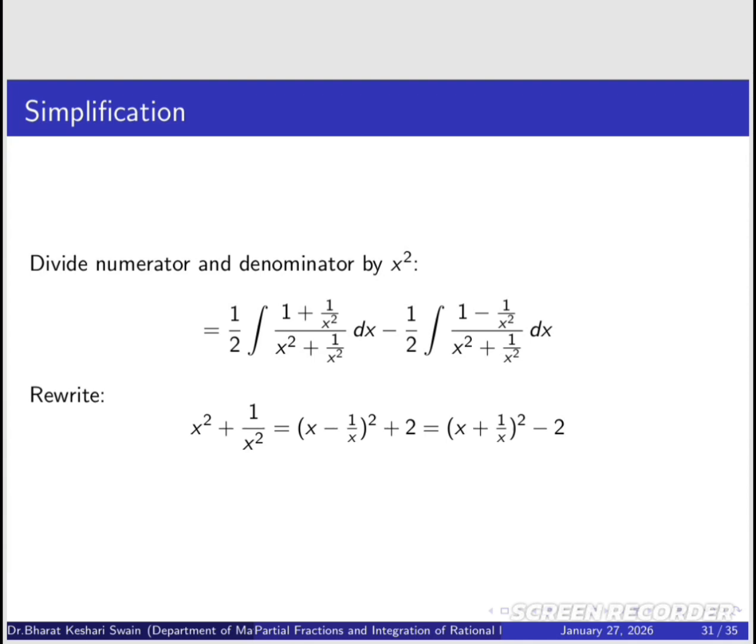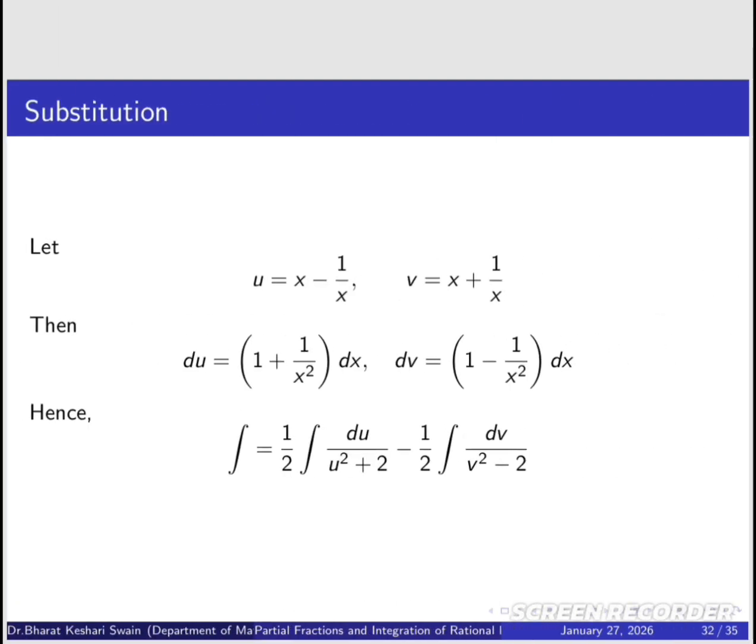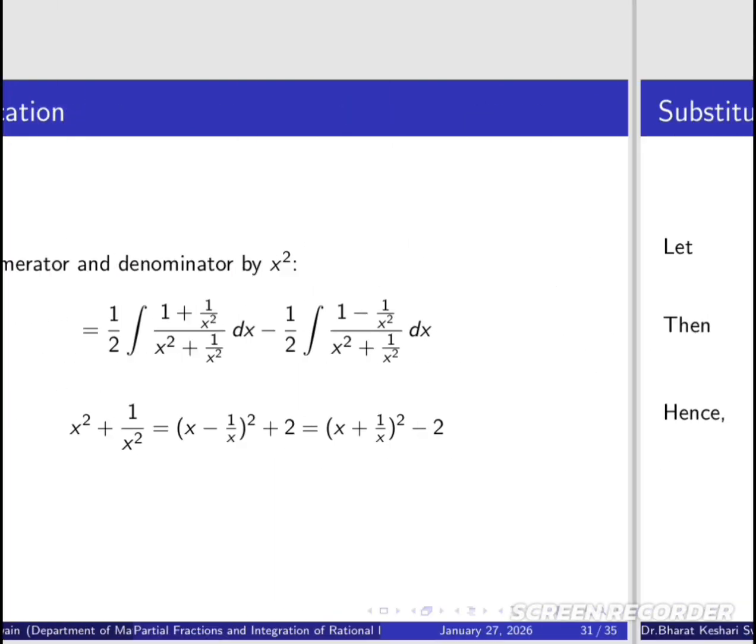And if I put x minus 1 by x as u and x plus 1 by x as v, then your du will be this.